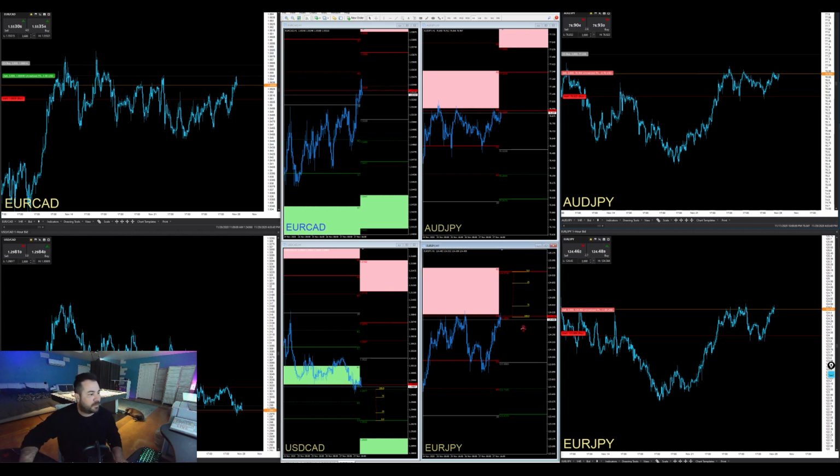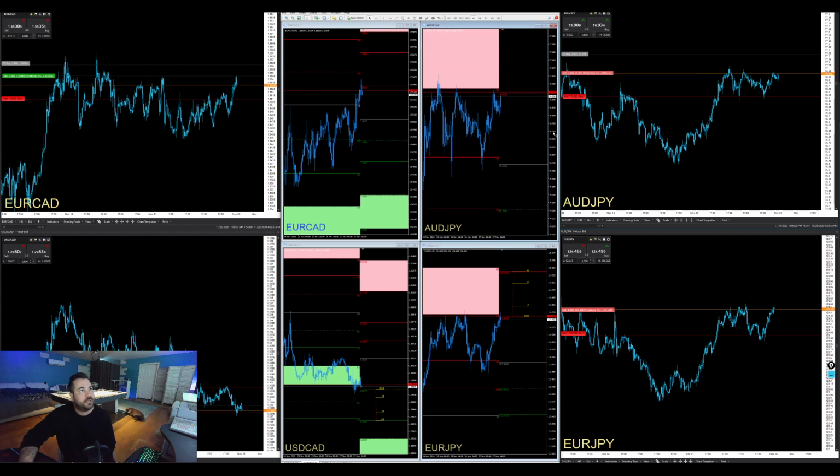Alright, now we need to drop a stop on the Euro Yen. Let's go ahead and enlarge this now. We don't need it so small. Alright, Euro Yen. We're going to drop a stop at 124850.